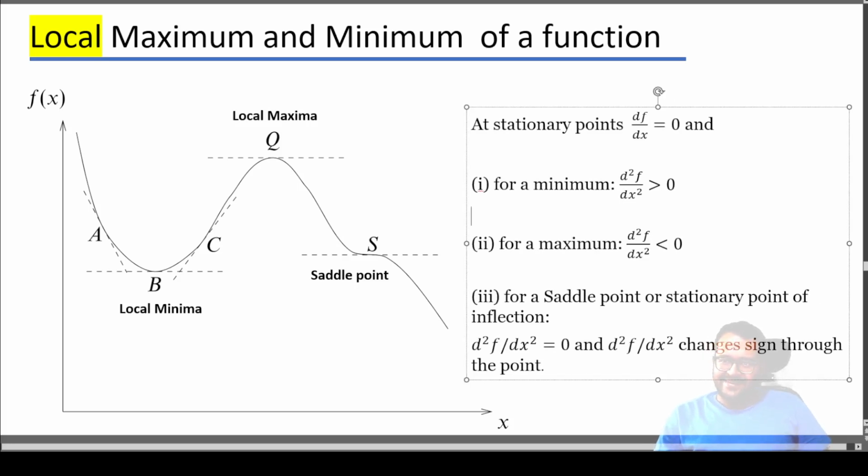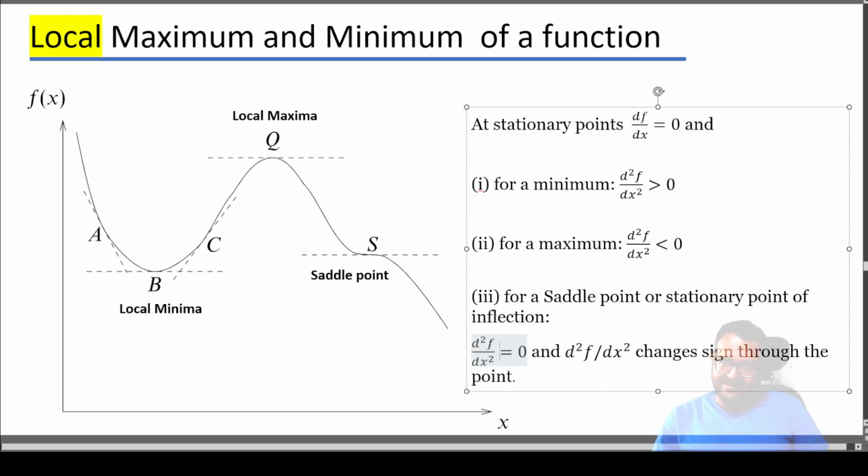So for a maximum, your double derivative is less than 0. For a minimum, your double derivative is greater than 0. For a saddle point or stationary point of inflection, your double derivative is also 0. If you have your double derivative 0, then it's a saddle point.